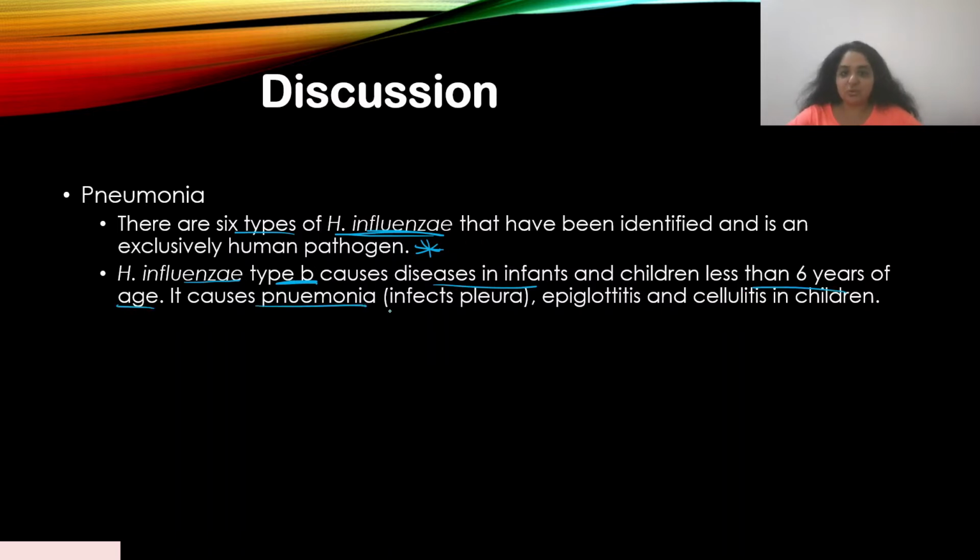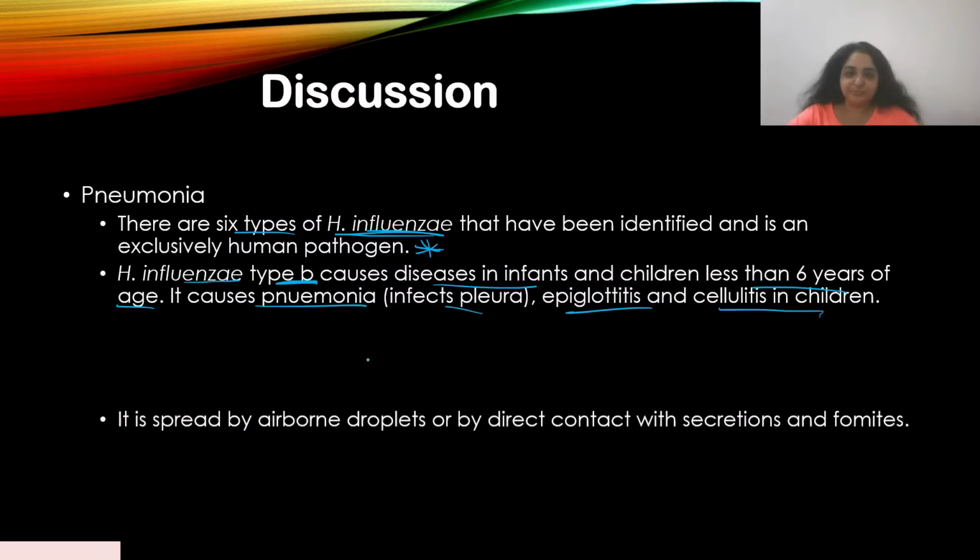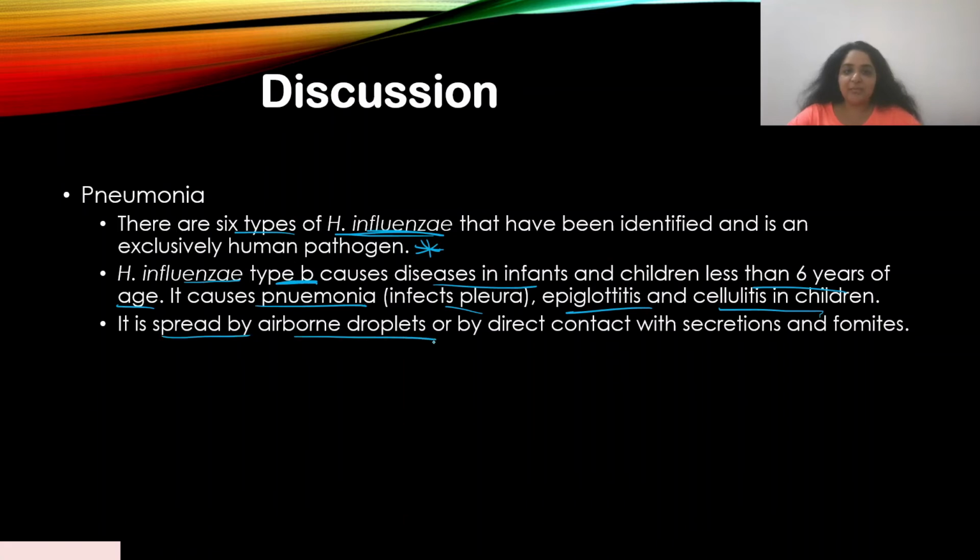It causes pneumonia, which infects the pleura, epiglottitis, and cellulitis in children. It is spread by airborne droplets or by direct contact with secretions and fomites. Fomites are material structures which contain these pathogens, and you touch them and then touch your face. So that's how spread happens. It can be spread through that also.